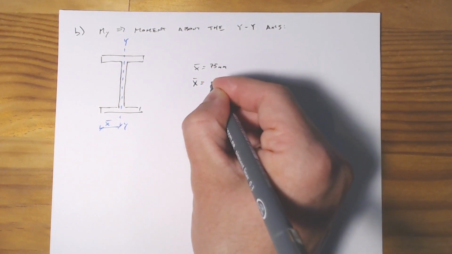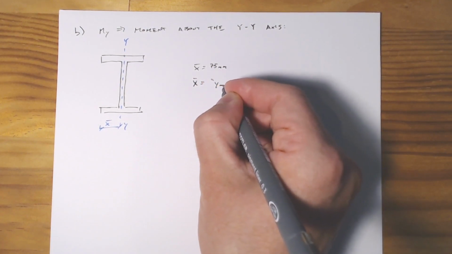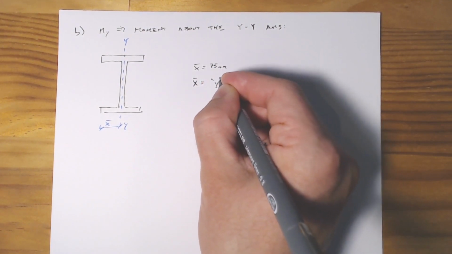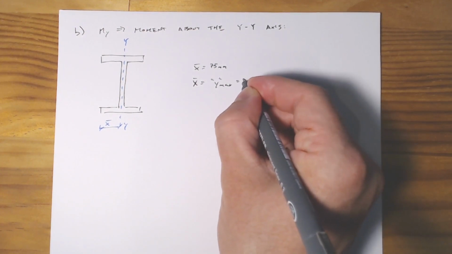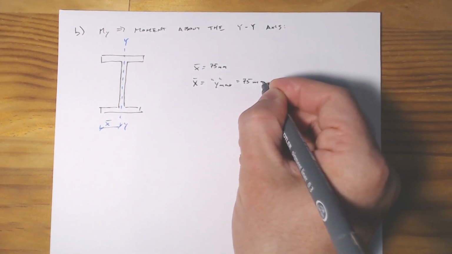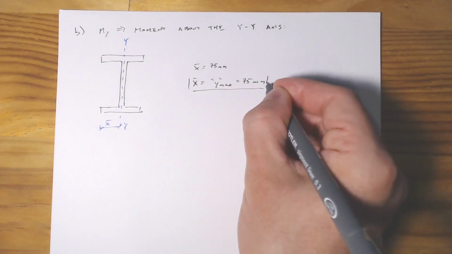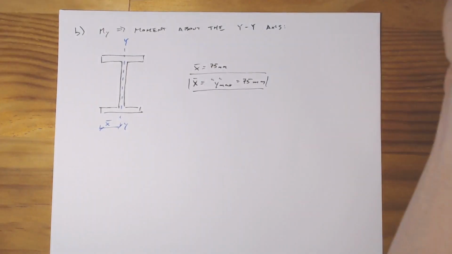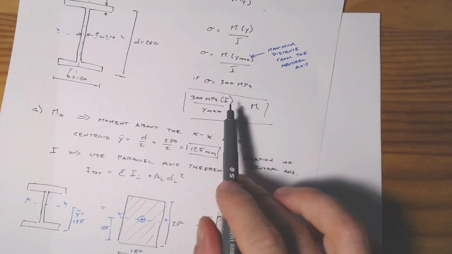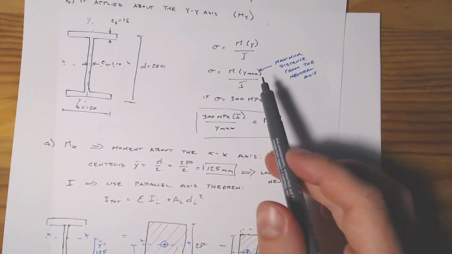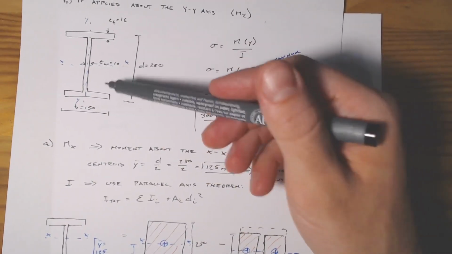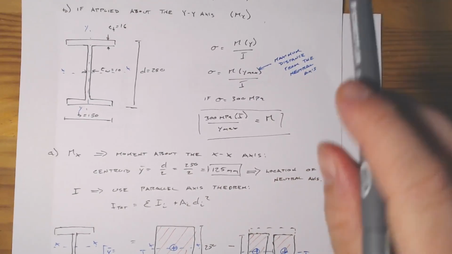X bar equals, we'll call this y max, equals 75 millimeters. I'm using y max just because in this equation we're using y, as we usually bend about the strong axis, the x axis of an element.